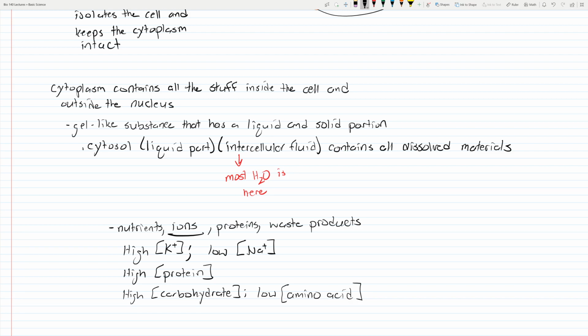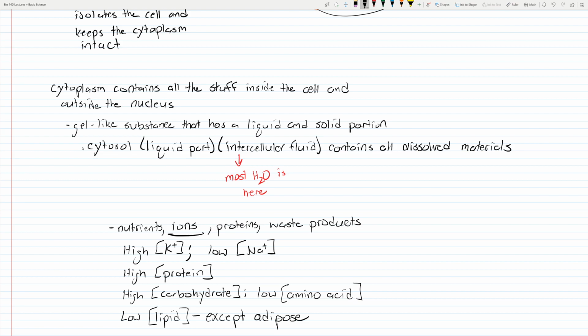And then finally, we have low lipids, except adipose. When we talk about skin, you're going to learn that adipose is basically your fat cells, and those are nothing but fat. They're just cells with fat stuffed in them. So they've got a very high lipid concentration.